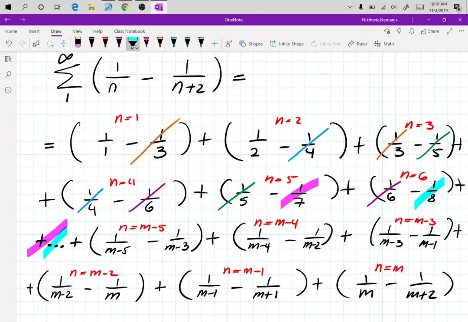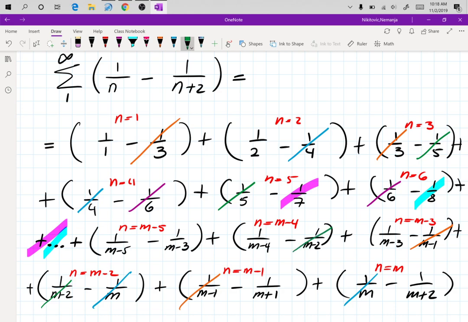1 and 1/2. Now do the same cancellations backwards on the tail end. Do I have 1/m canceling? Yep. 1/(m+2), I don't have it. I have m-1 canceling. m-2, yes.